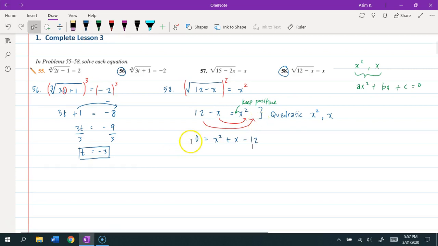Now, this is a very awkward way of writing it because we're accustomed to a quadratic looking like this, right? It's got the equal 0 on the right side, not on the left side. So because it is a bit awkward to write it that way, we'll put the equal to 0 on the right side now, right?